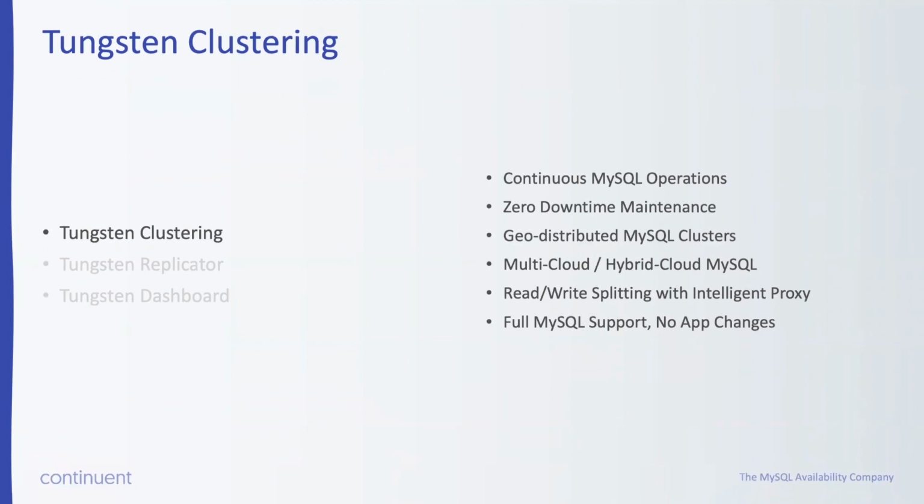We deploy Geo-Scale. We deploy using multi-cloud or hybrid cloud technologies. We include an intelligent proxy that does automatic read-write splitting. And we support any version of MySQL. And again, that's MariaDB or Percona, without any changes to your applications.